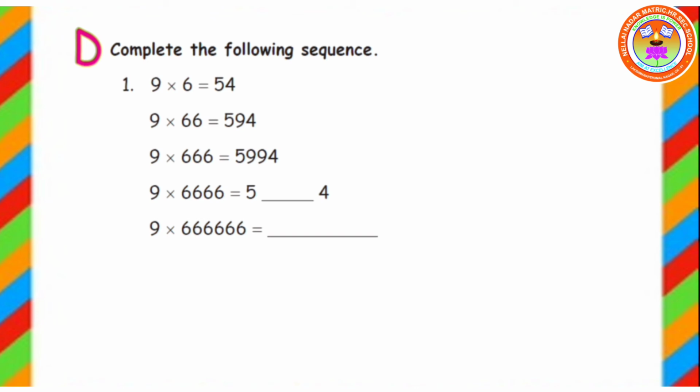Centrally write 2 nines. 9 sixes are 54. 5, 4. Extra how many sixes is there? 3 sixes. Centrally write 3 times 9. 9 sixes are 54. 5, 4. Extra how many sixes is there? 5 sixes. Centrally we want to write 5 times 9.